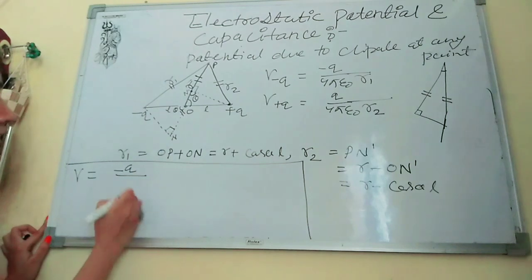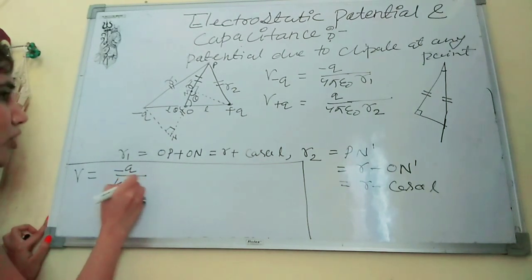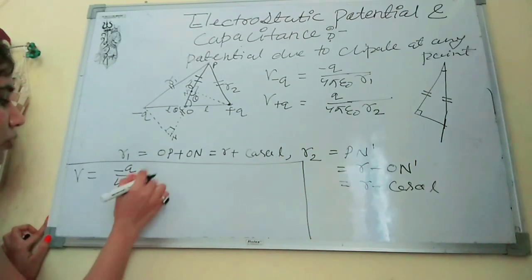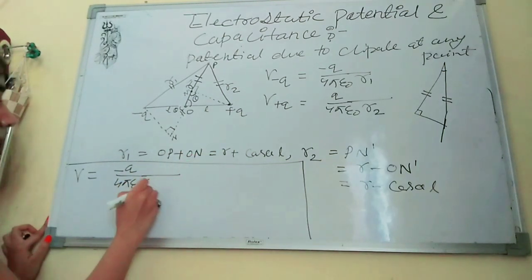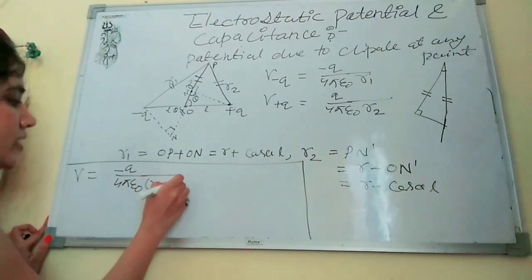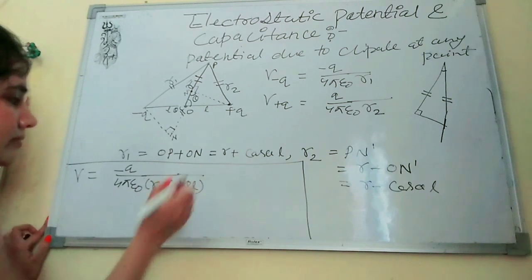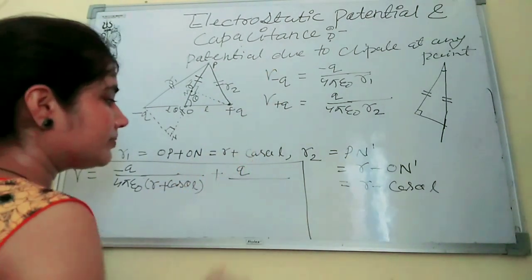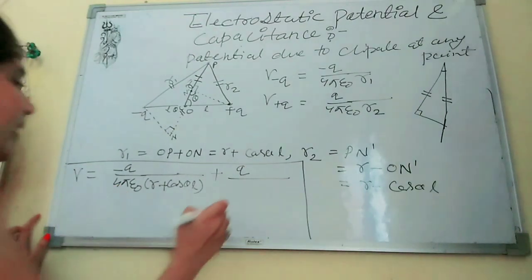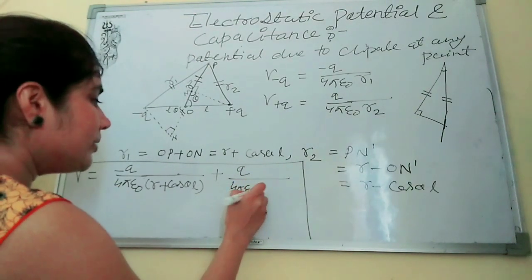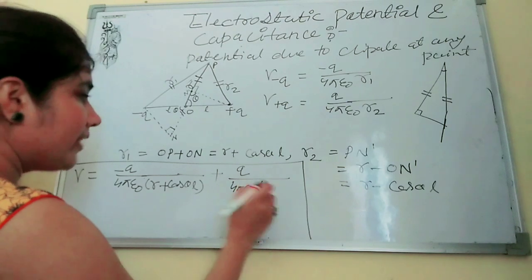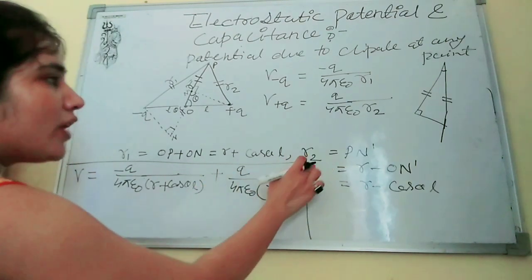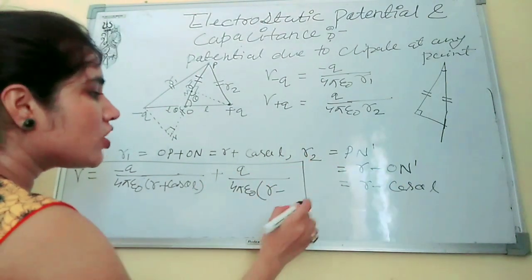So that will be minus Q upon 4 pi epsilon naught R1, where the value of R1 is R plus L cos theta, and it will be plus Q upon 4 pi epsilon naught R2, where the value of R2 is R minus L cos theta.